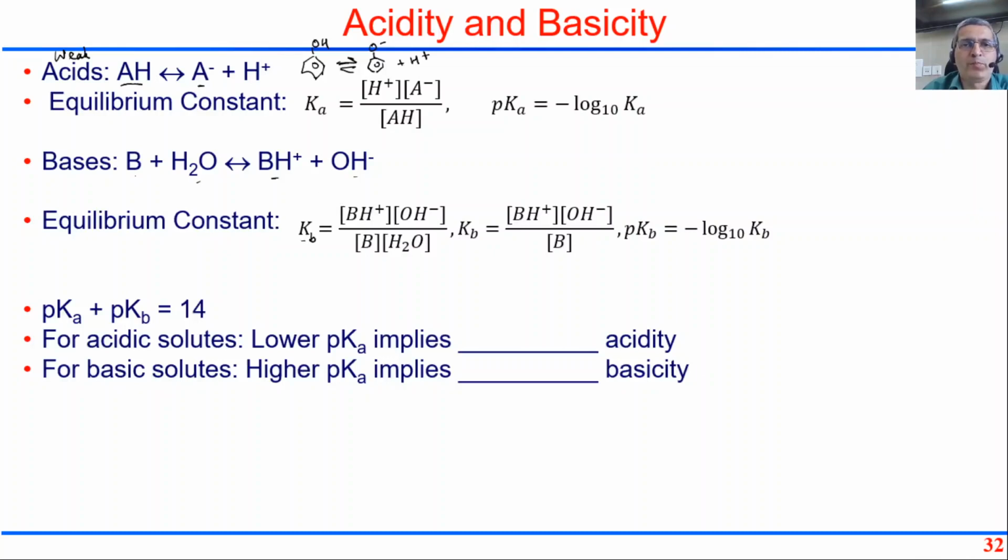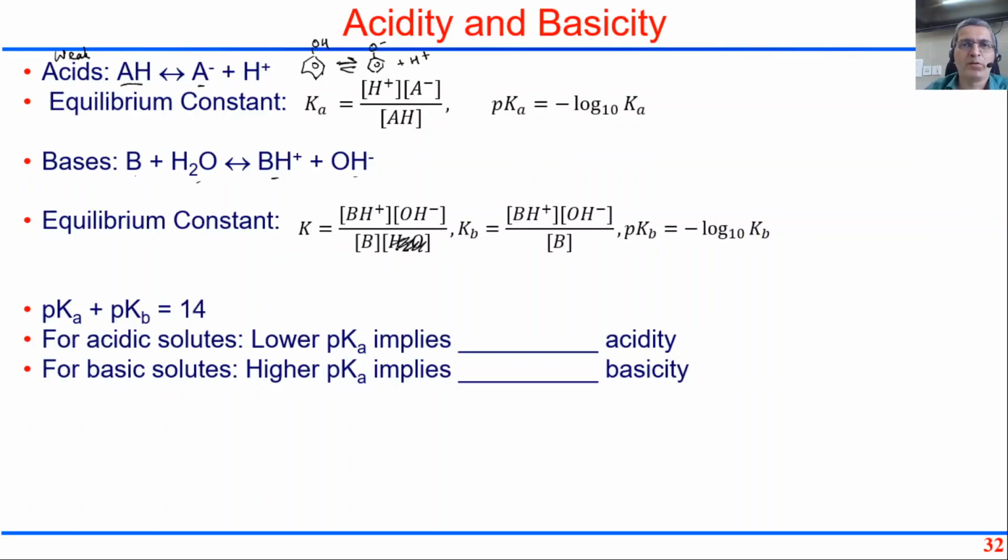The equilibrium constant for the base you can write as concentration of BH plus, concentration of OH minus divided by B and water. So you can say Kb would be BH plus OH minus divided by B. So here I am just writing it as equilibrium constant K.